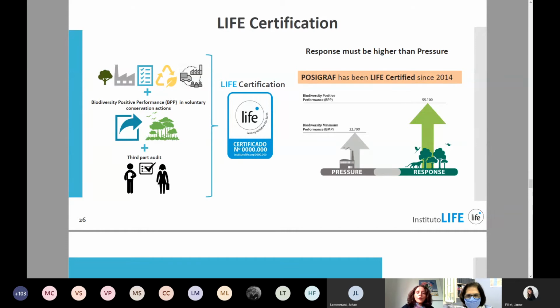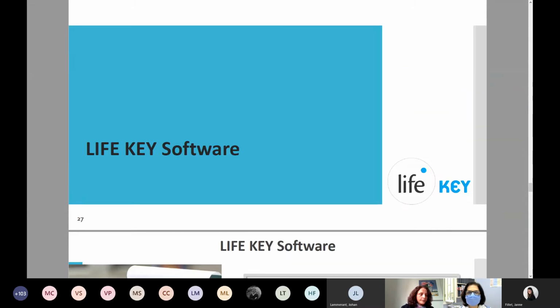So Posigraph not only made their work in a concrete manner, but at the same time, they have credit for that. They did more than they were supposed to do for the LIFE certification, minimal conservation actions. Next one.